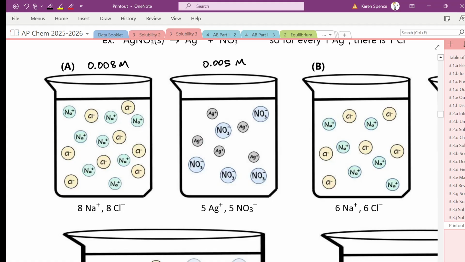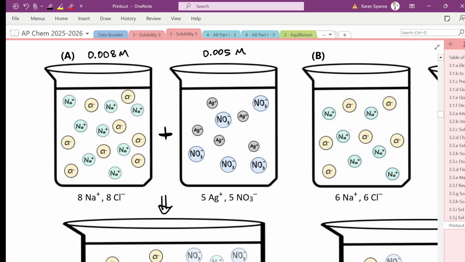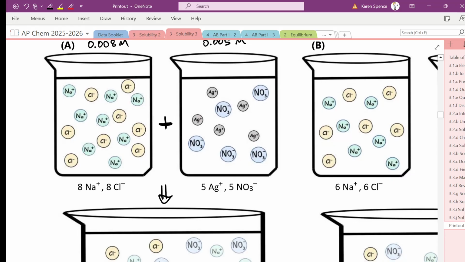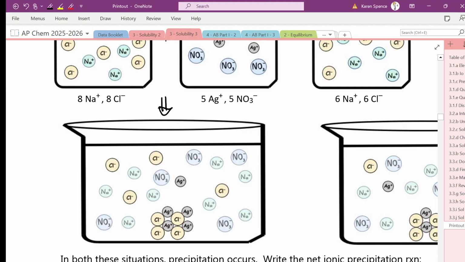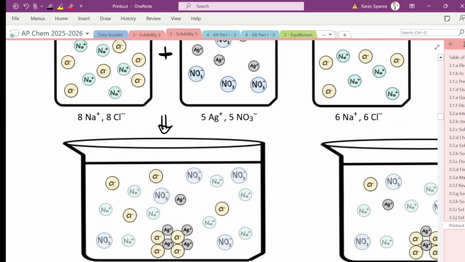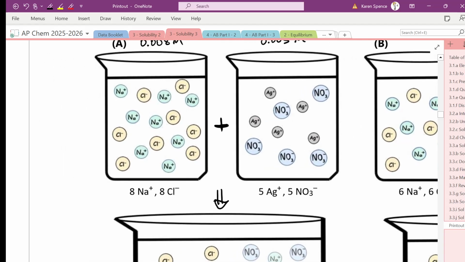Now, I put these two together and mix them together. Silver and chloride, what do silver and chloride do? Silver and chloride will precipitate. So, what happened? Who was the limiting reactant here? Silver.